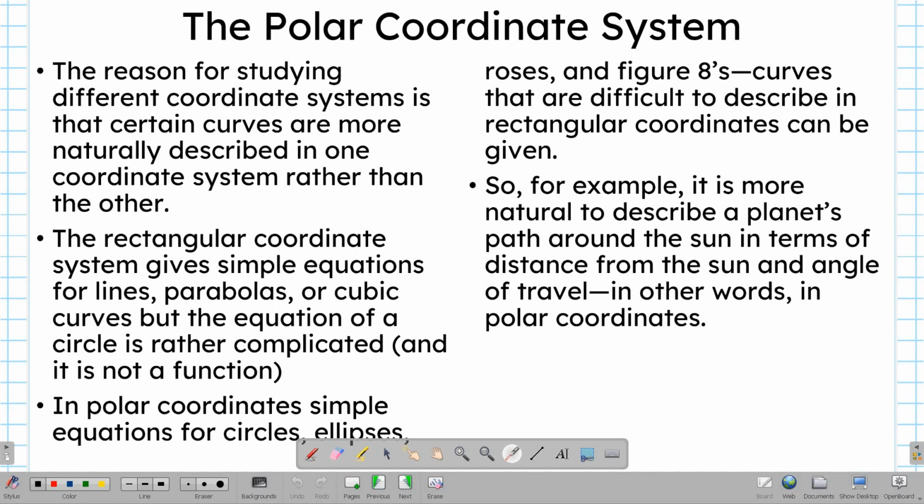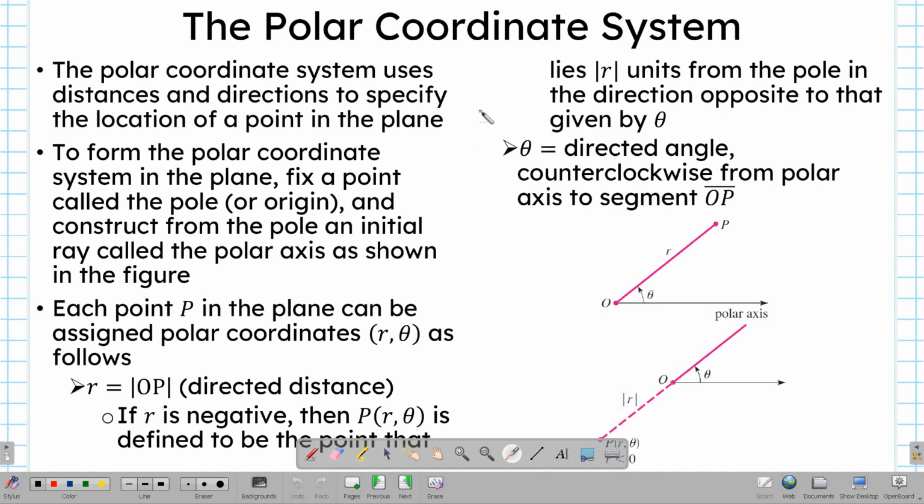It is more natural to describe a planet's path around the sun in terms of the distance from the sun and the angle of travel, which are the polar coordinates. So the reason we're going to study a different system is that it might be easier for other types of graphs or curves to look into polar coordinates other than Cartesian coordinates.